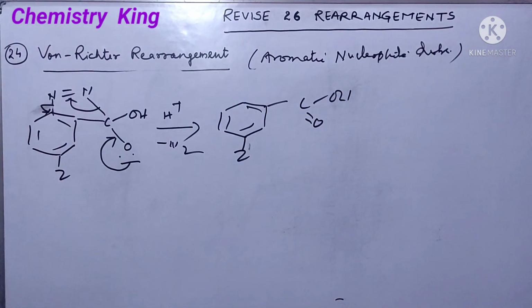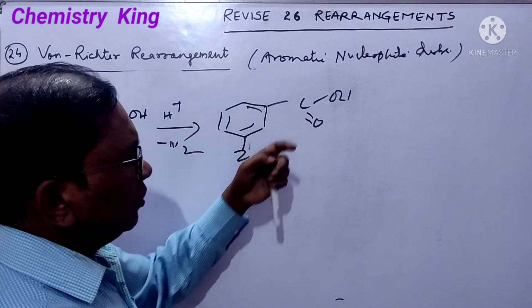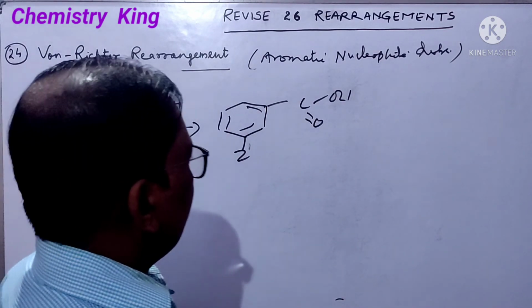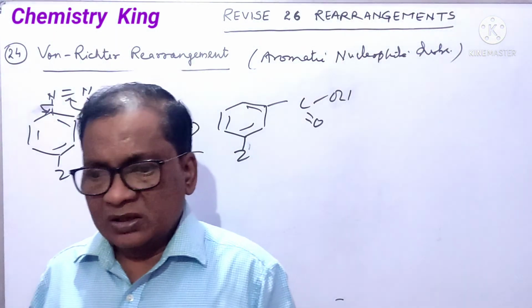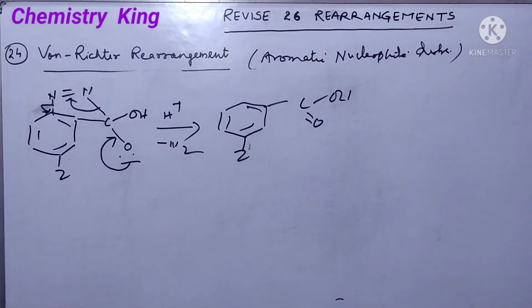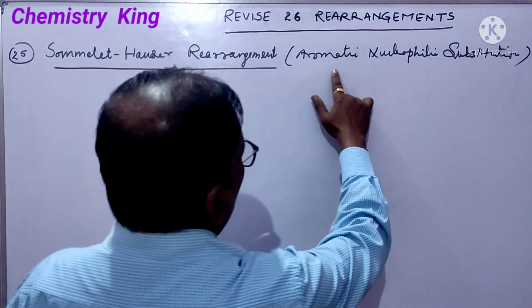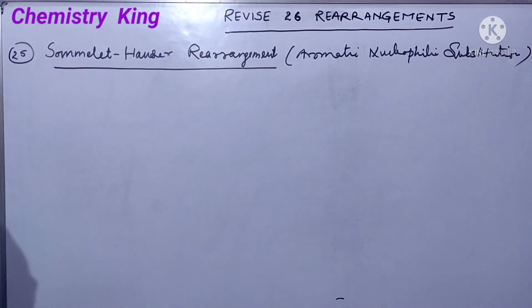So friends, it is all about the mechanism. Here you have only to understand, remember that carboxyl group gets attached with the carbon which is adjacent to the nitro group. It is 25th Sommelet-Hauser rearrangement. It is also aromatic nucleophilic substitution.